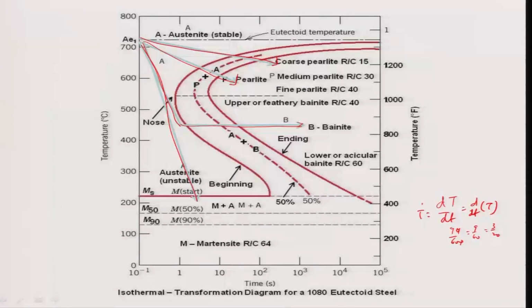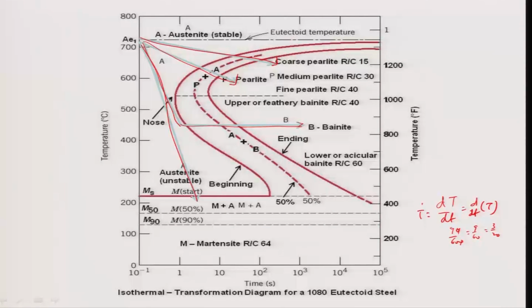So in a few seconds you are getting the sample temperature going down to room temperature from 700, that is a very fast cooling. And if you do that, you bypass the nose, bypass the bainitic transformation, and what you land up in is basically the martensitic transformation regime, that is Ms start, and you form martensite.